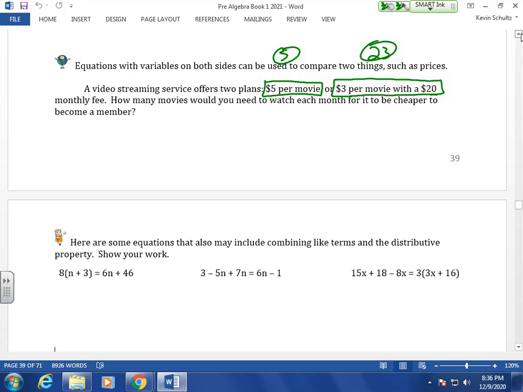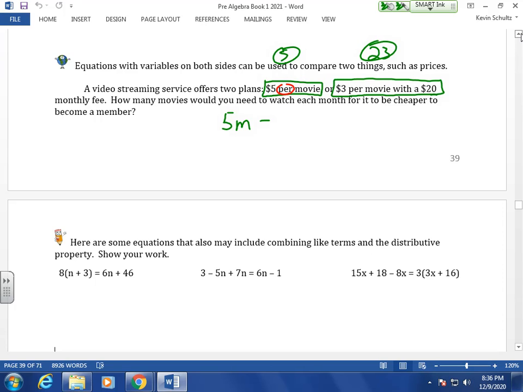$5 per movie. Remember how important that word per is, right? That's kind of the connection between your coefficient and the variable. So $5 per movie, we'll call it 5M. Learn how to write. Okay. So 5M, $5 per movie.